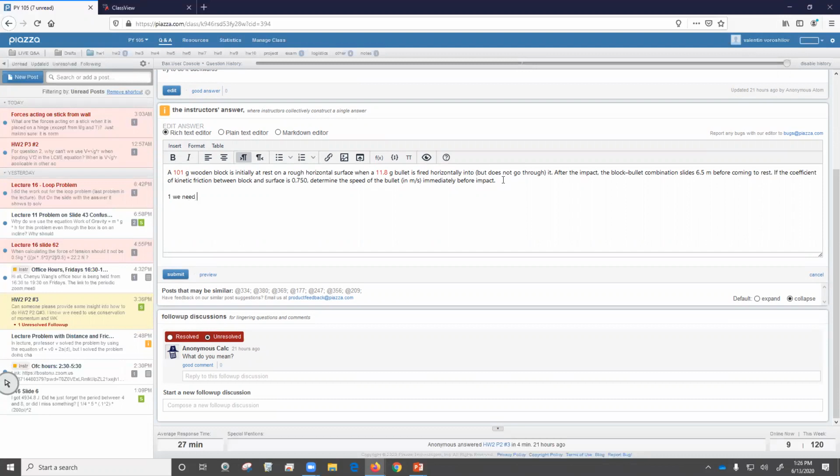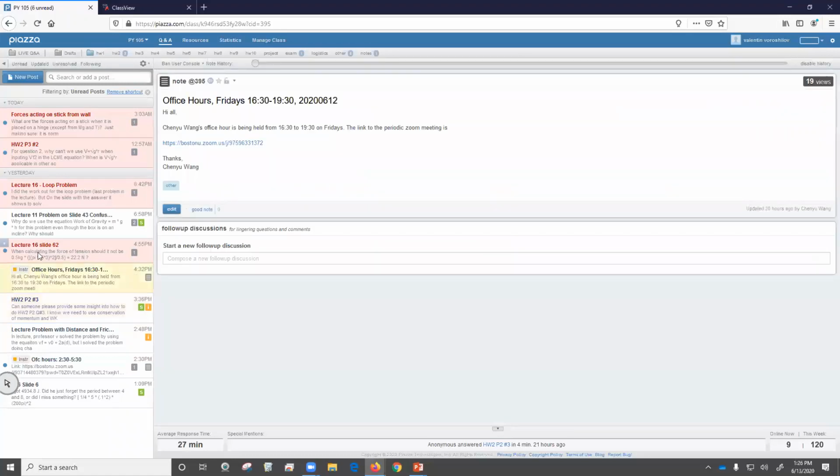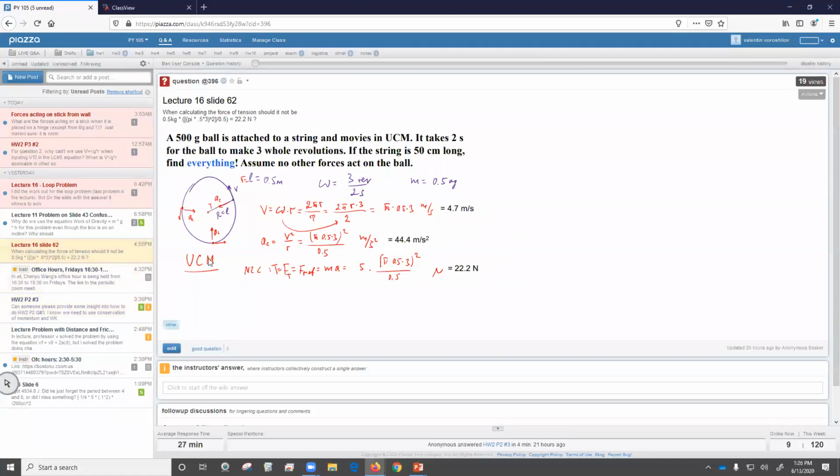First, we need to apply the law of conservation of the linear momentum, then the work kinetic energy theorem, and solve them backwards. Pretty good, only one typo. I thought that should have been the case.